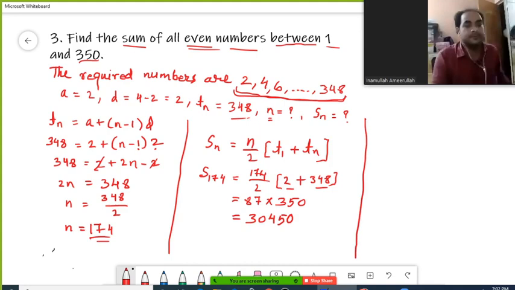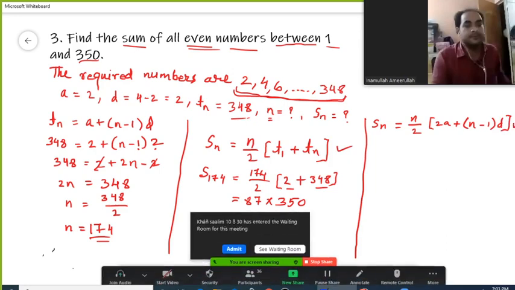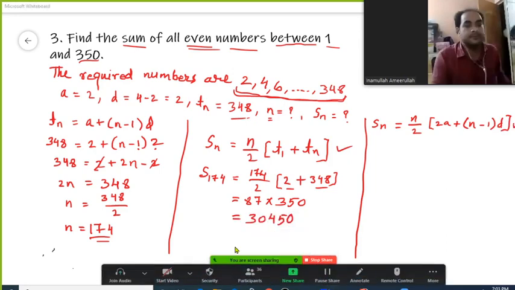I'll show you. Sn equals n by 2 into bracket 2a plus n minus 1 into d. So these are two formulae to find the sum of all the terms in an arithmetic progression.